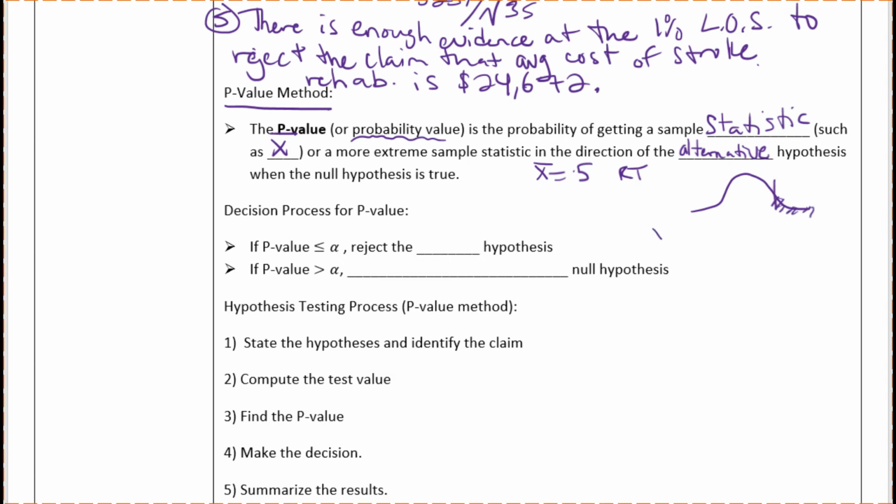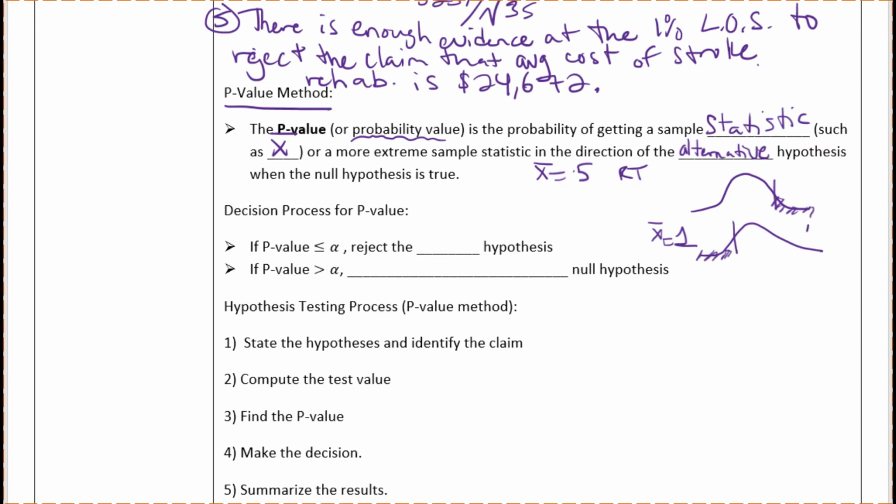If I'm doing a left-tailed test and I get an x bar of, say, 1, then what is the probability that I get a value of 1 or less, more extreme? That's for a left-tailed test. If I'm doing a two-tailed test, then really I'm looking at both directions.